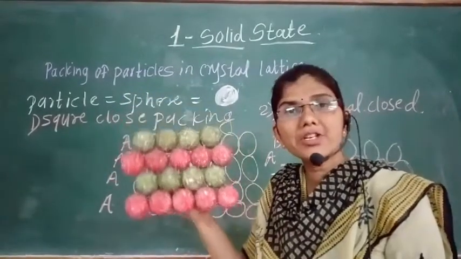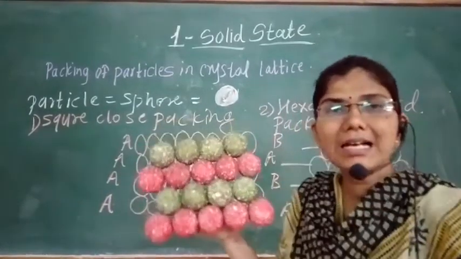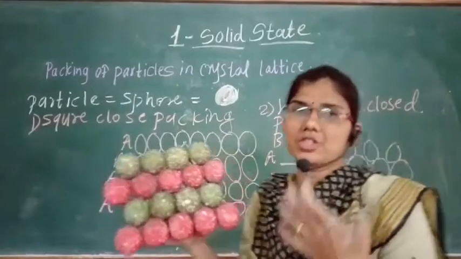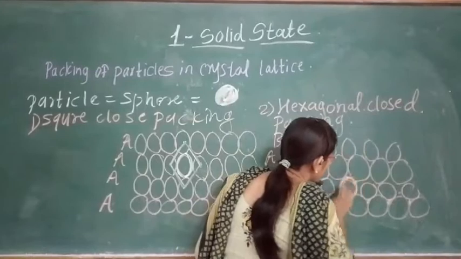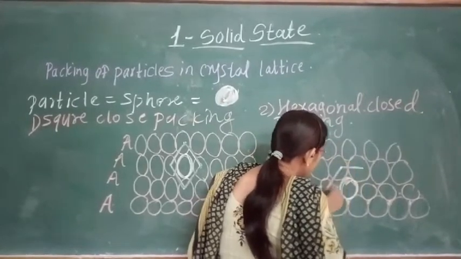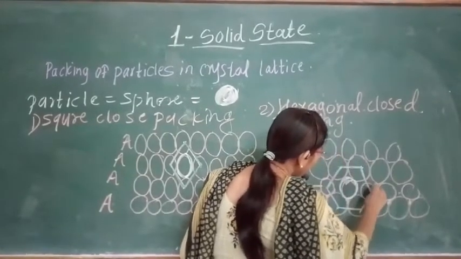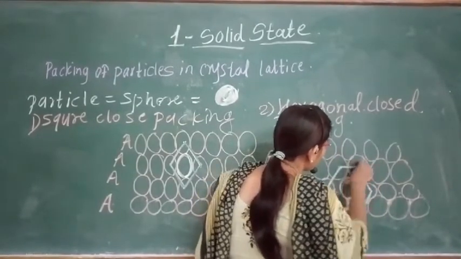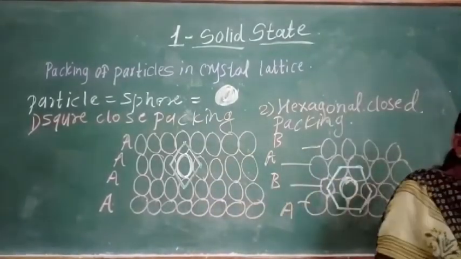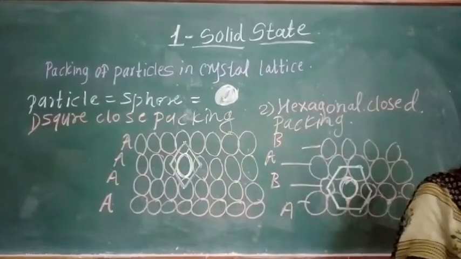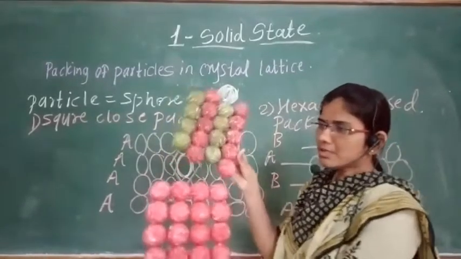So this two-dimensional AB type of arrangement is called a hexagonal closed packing structure. They are attached to 6 spheres forming the hexagon, and therefore this structure is called a hexagonal closed packing structure.